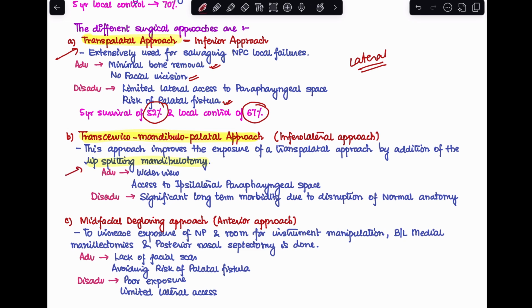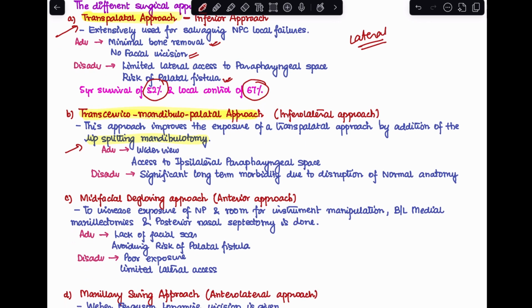So adding a lip splitting mandibulotomy to the transpalatal approach is improving our lateral exposure to the ipsilateral parapharyngeal space. We are getting a much wider view and access in this case. However, the disadvantage of this approach would be a significant long term morbidity because we are significantly disrupting the normal anatomy over here. So, this was our inferolateral approach, also known as the transcervicomandibulo-palatal approach.